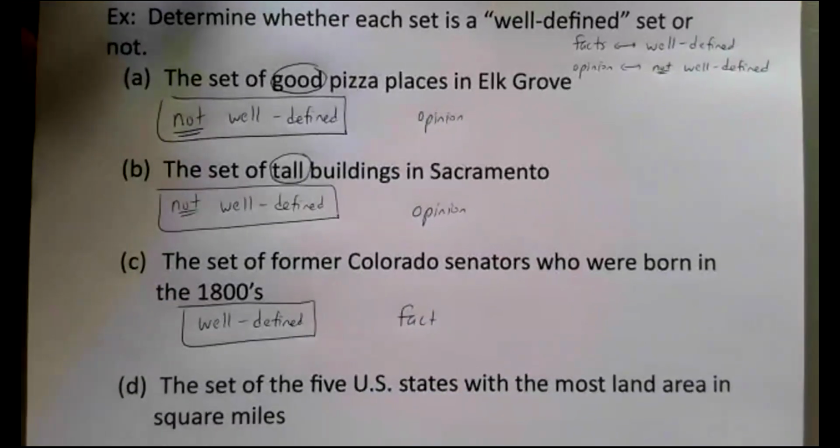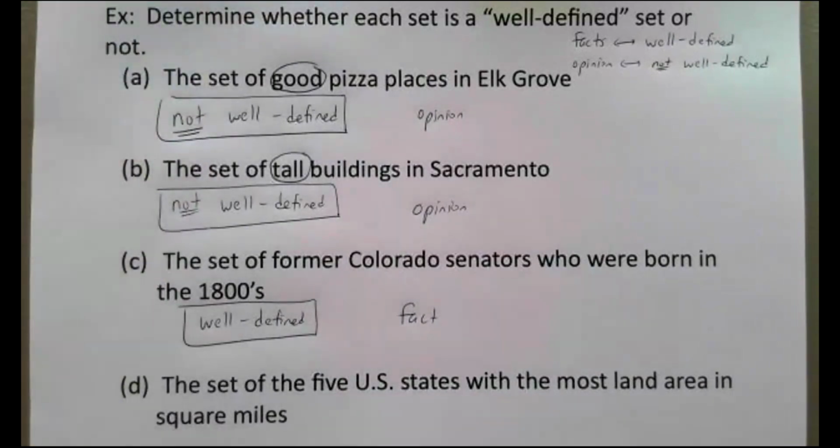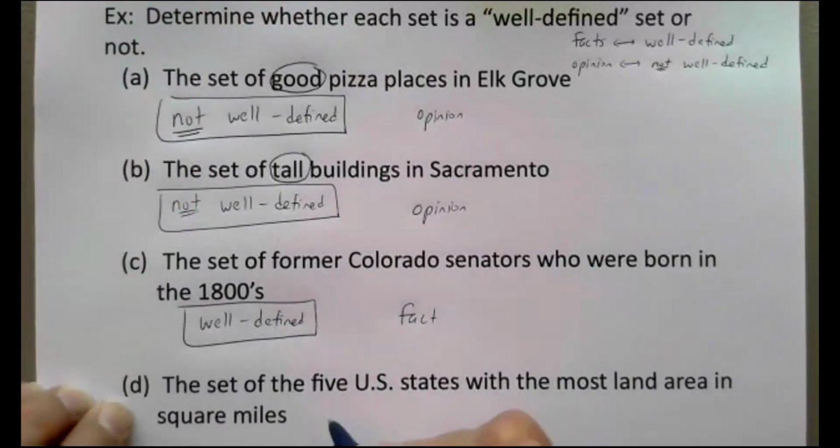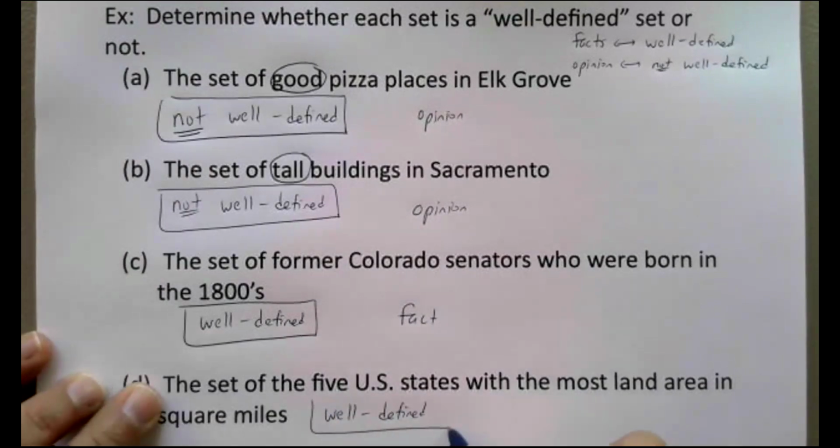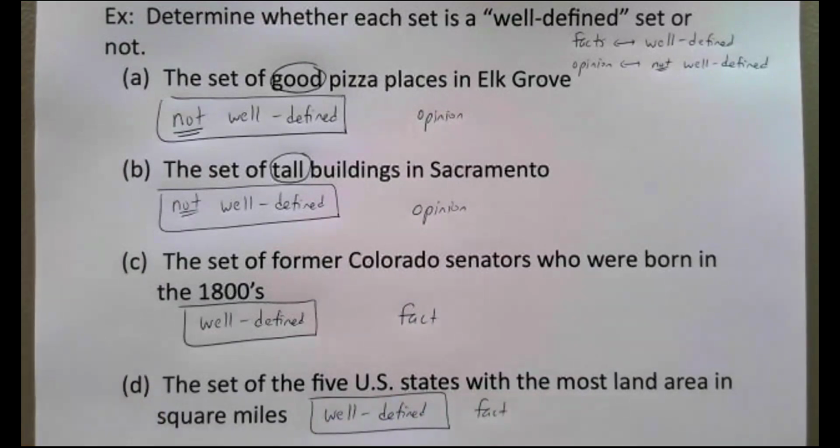It has nothing to do with your opinion. And also the same for part D. Part D is well defined because it just has to do with fact. Doesn't matter what your opinion is on this.